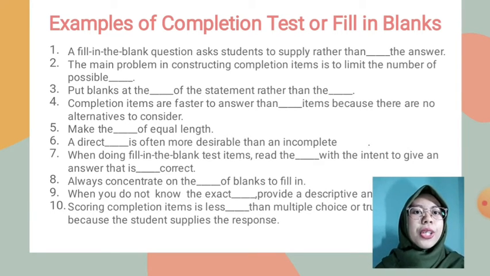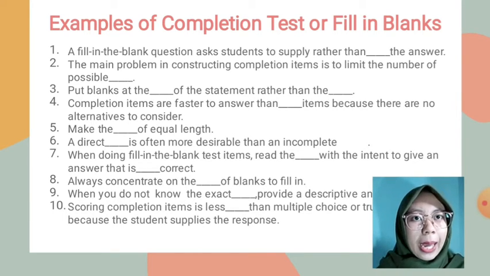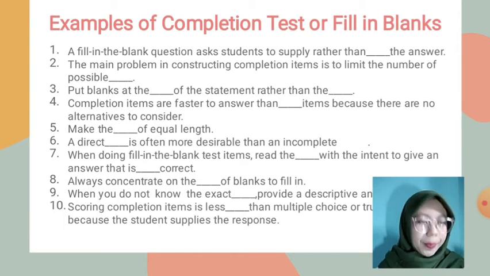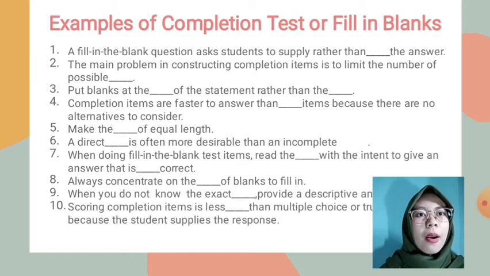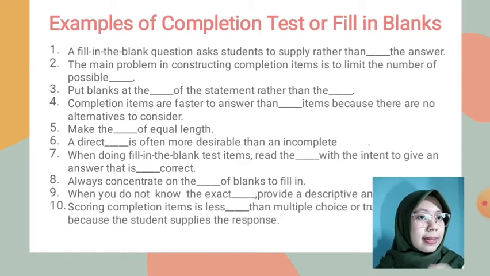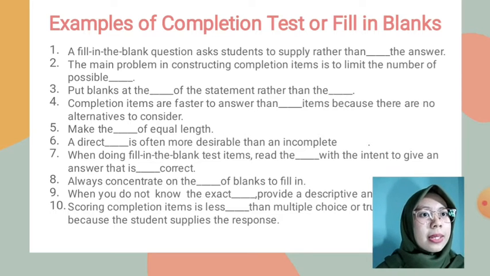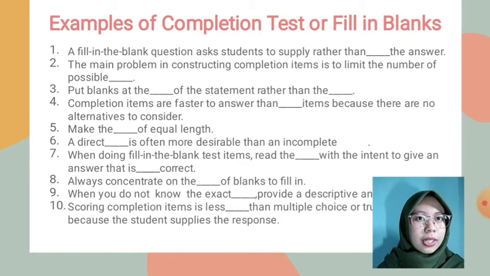And the third is: put blanks at the end of the statement rather than at the beginning. And number 4: completion items are faster to answer than choice items because there are no alternatives to consider.